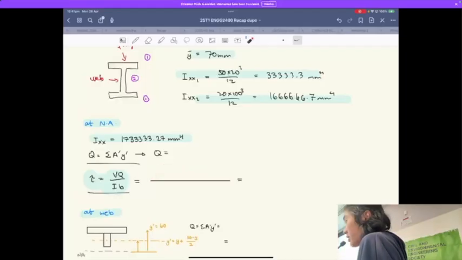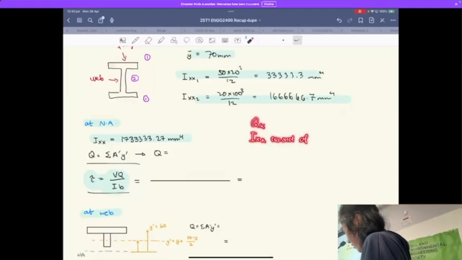Your Q is what you actually use. If you remember in your inertia notes, you have y, Qx, and Ix. Ix is your second moment of area. Qx is your first moment of area.